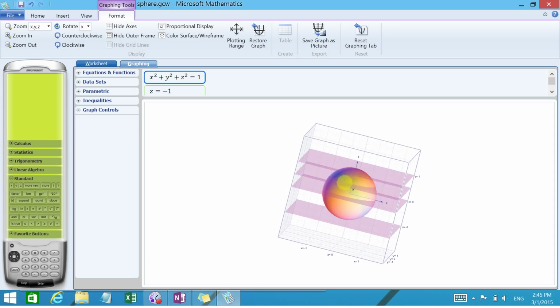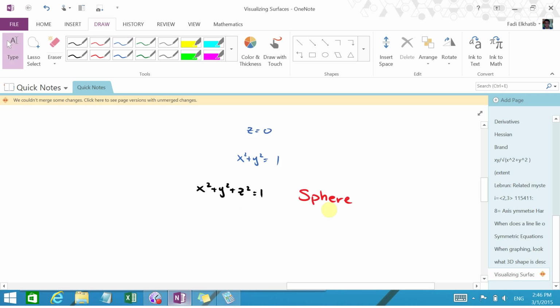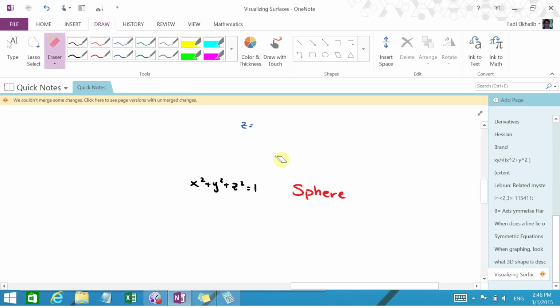You'll notice that it intersects the sphere in a circle, but it's a circle of smaller radius than the main equatorial circle. The equatorial circle has radius 1. This has radius less than 1. Let's actually figure it out real quick. So if we made z equal to 1/2 now, you just plug that into the formula. x squared plus y squared plus, I guess a half squared is a fourth, equals 1.